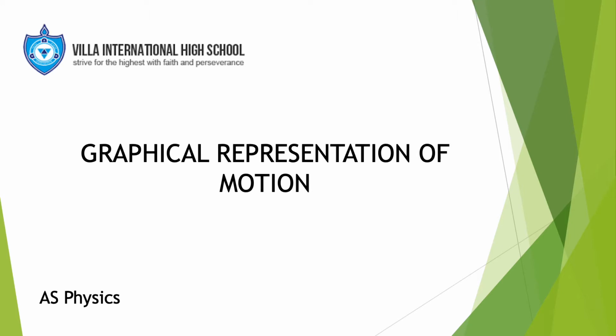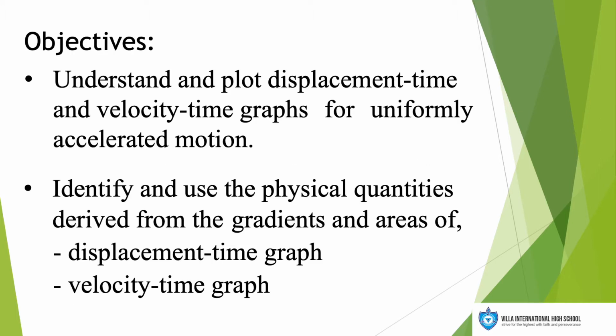So, what are the objectives? Understand and plot displacement time and velocity time graphs for uniformly accelerated motion, and identify and use physical quantities derived from the gradient and areas of displacement time graph and velocity time graph.